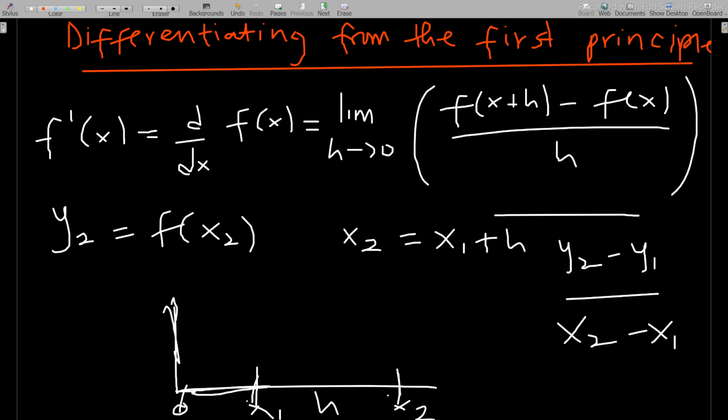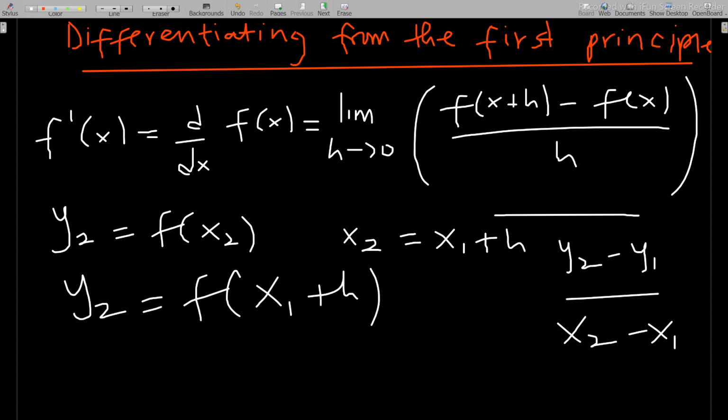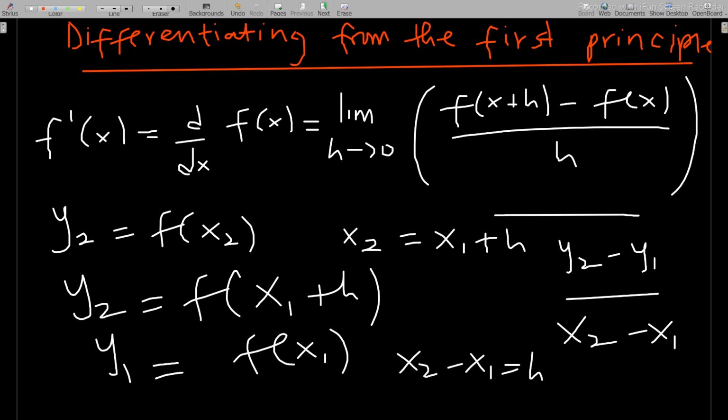So let's say that y2 is now equal to f of x1 plus h, and y1 was equal to f of x1. We have x2 minus x1 equal to h.